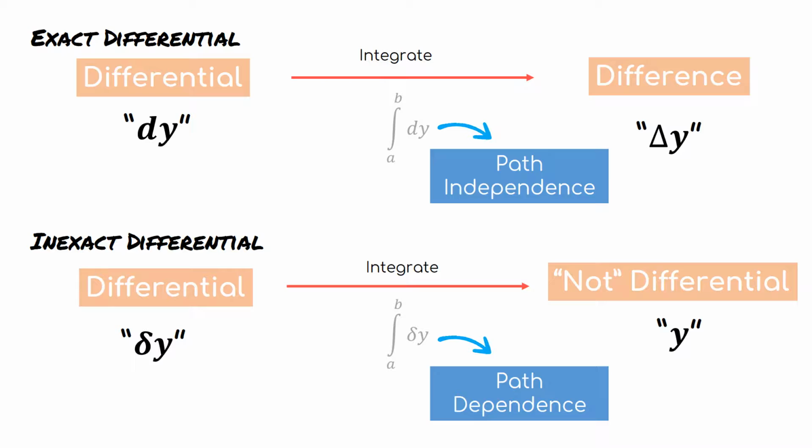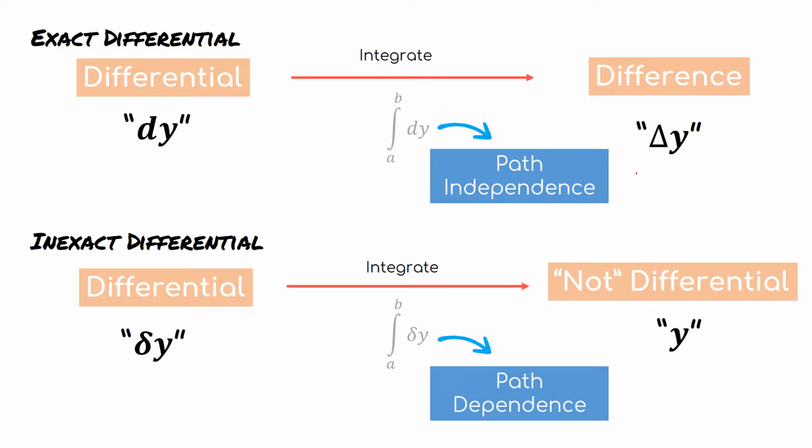Another very important thing that comes out of this is that if dy is an exact differential, when you perform this integration from a to b, it doesn't matter what path you take, you will always get the same value difference.